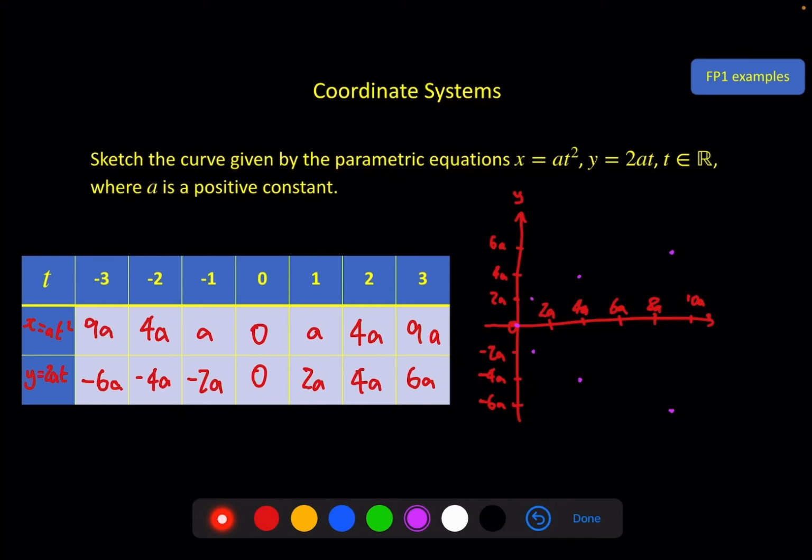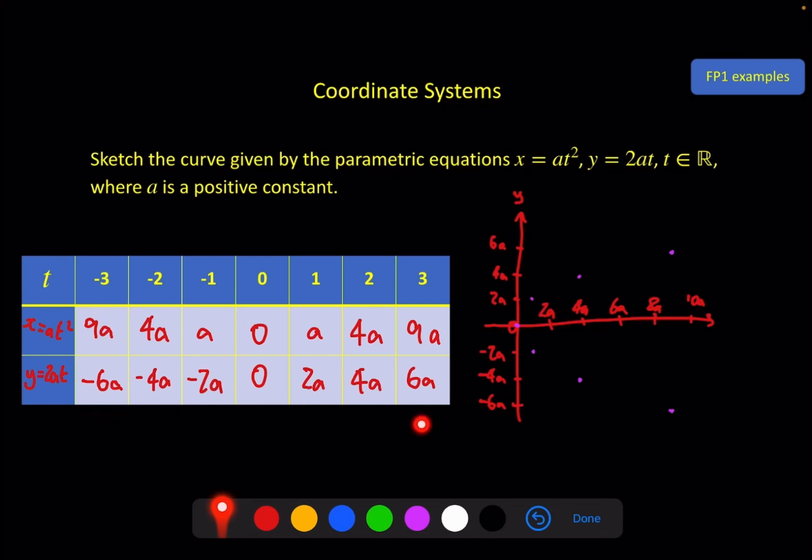So I hope you can see that I can't call this a plot of the curve because it is not accurate. But I have done it slightly more accurately than I would normally do a sketch, because looking at these equations like this, it would be difficult to know exactly how it looked.